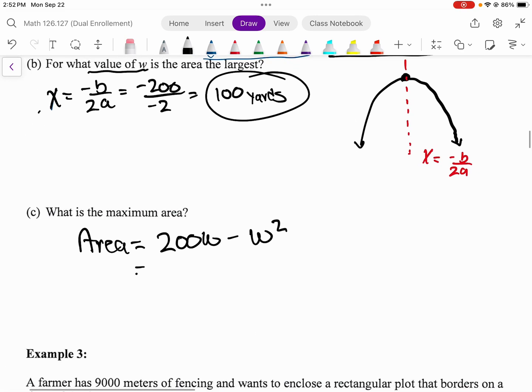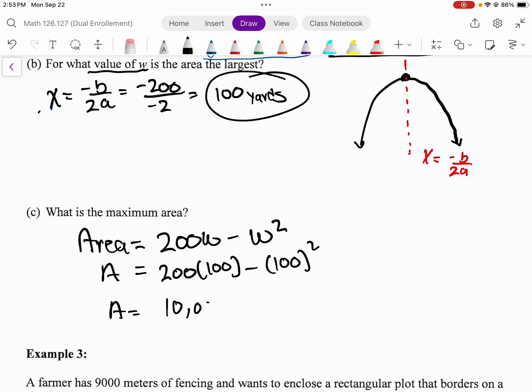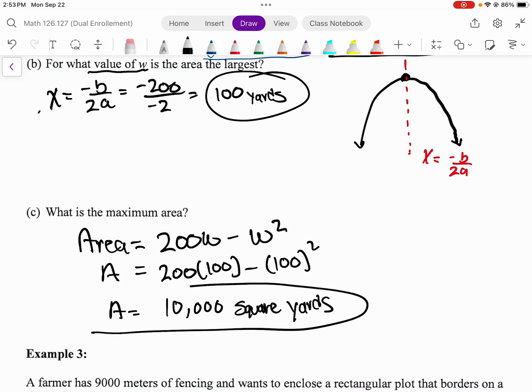So let's go ahead and plug in everything. 200 times 100 minus 100 squared. And if we calculate this, we should be getting 10,000. So 10,000 square yards.